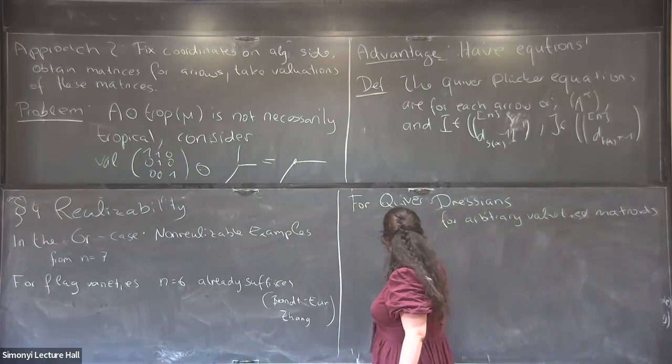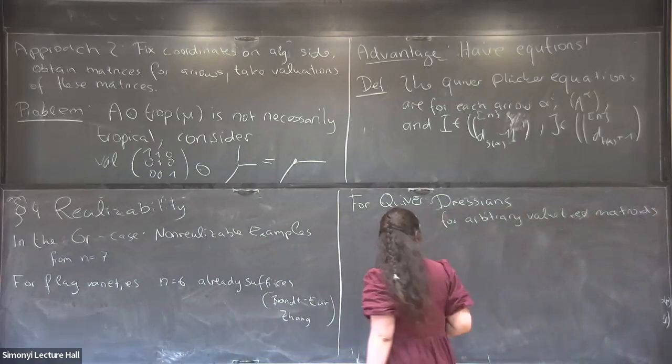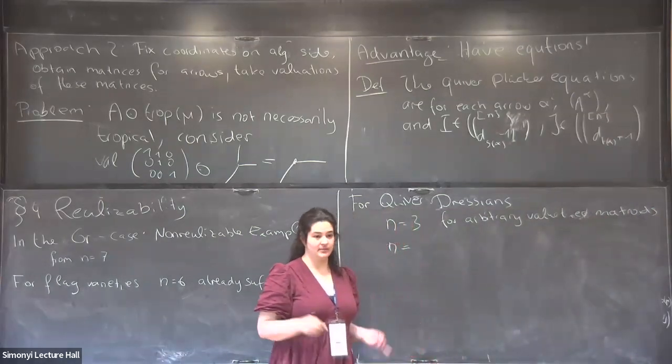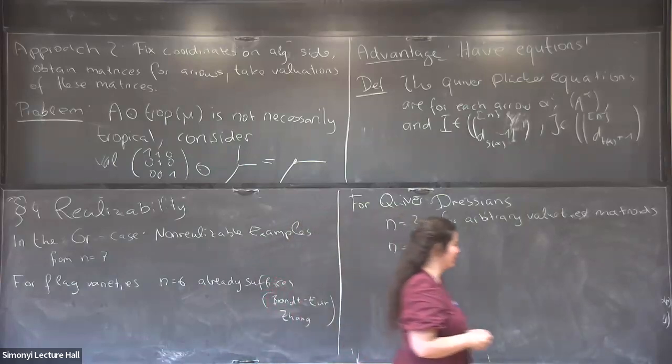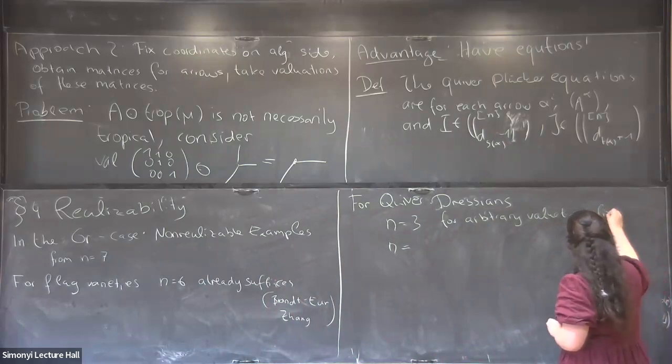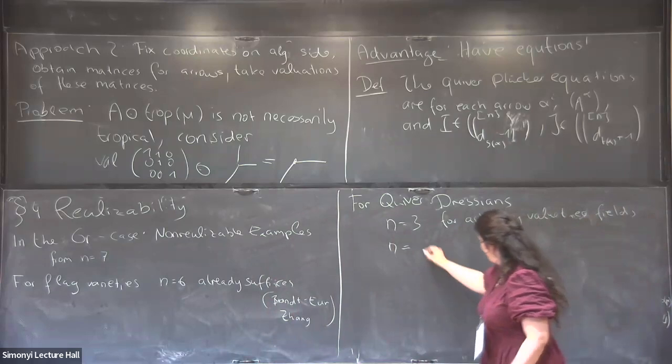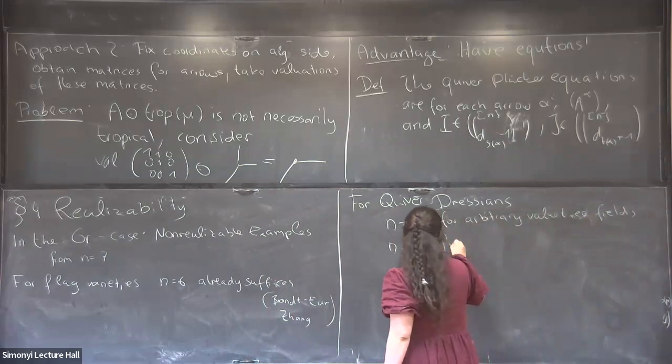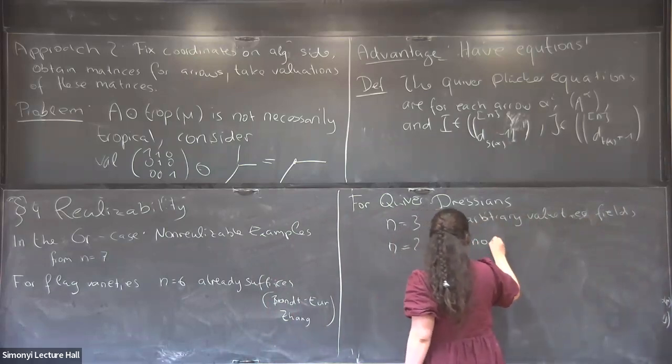And if we have a non-trivial valuation on the field that we come from, then already n equals 2 subspaces suffices. N equals 2 for non-trivial valuations.